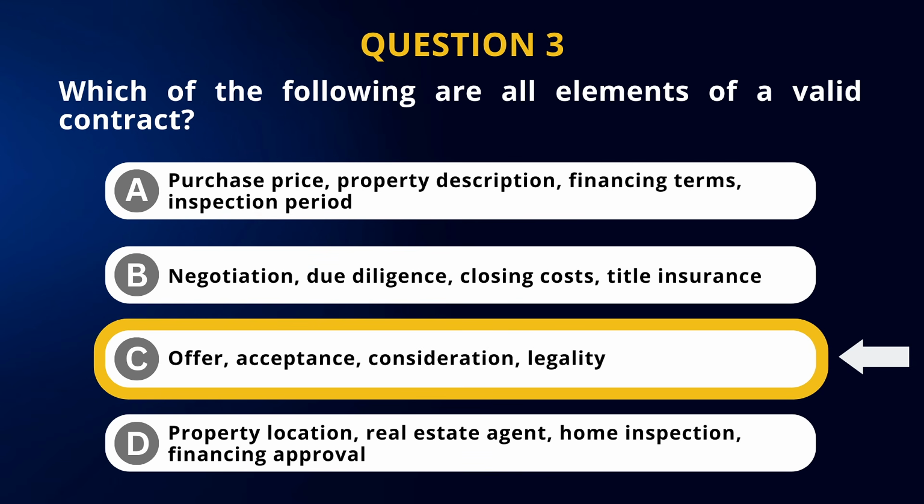Offer and acceptance, consideration, and legality are among the items that go into those 5. So we want to know what the 5 elements are for a valid contract. And you want to know that letter C is the basics: offer, acceptance, consideration, legality. You just want to make sure that you have these elements in order to have a valid contract.